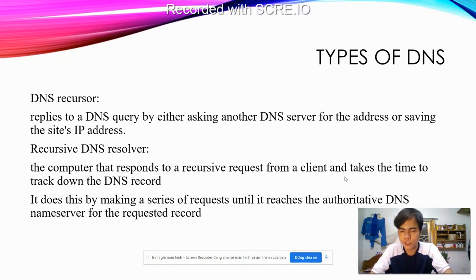Recursive DNS resolver is a technique that the DNS recursor has. It is the computer that responds to a recursive request from a client and takes the time to track down the DNS record. It does this by making a series of requests until it reaches the authoritative DNS name server for the requested record.